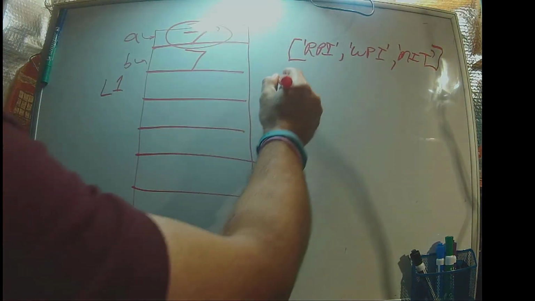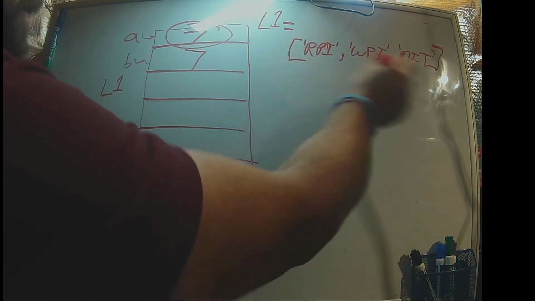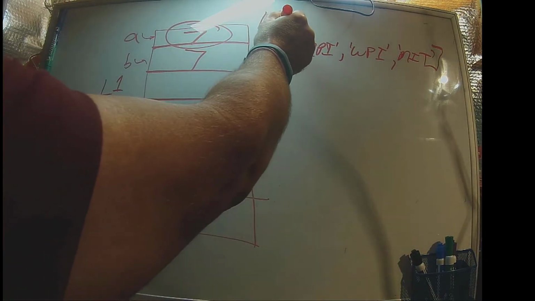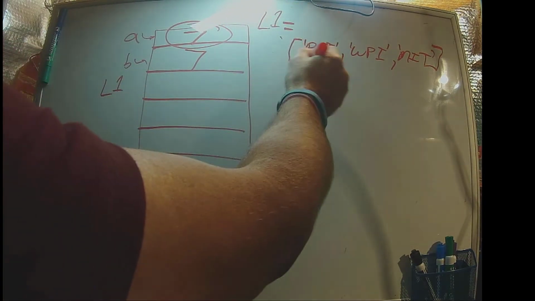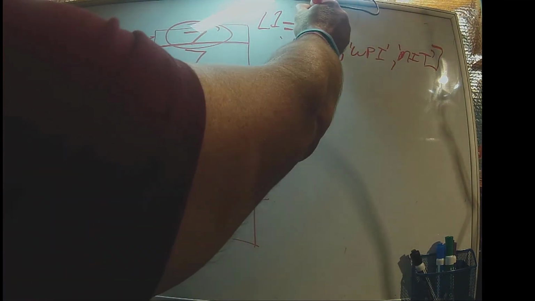When I say L1 equals this list, what we're actually doing is we create this list out in other memory, right? Out in our heap space.